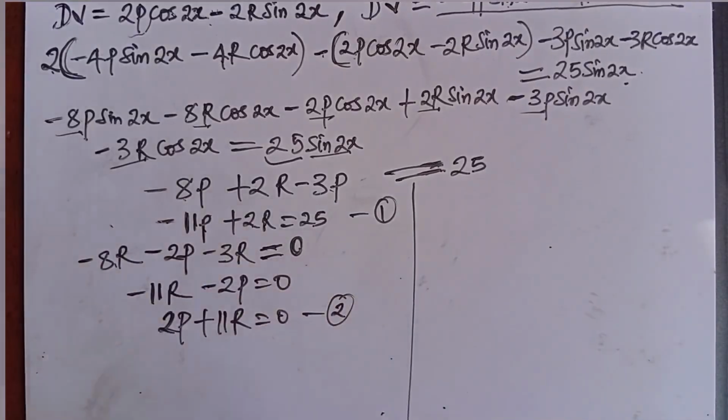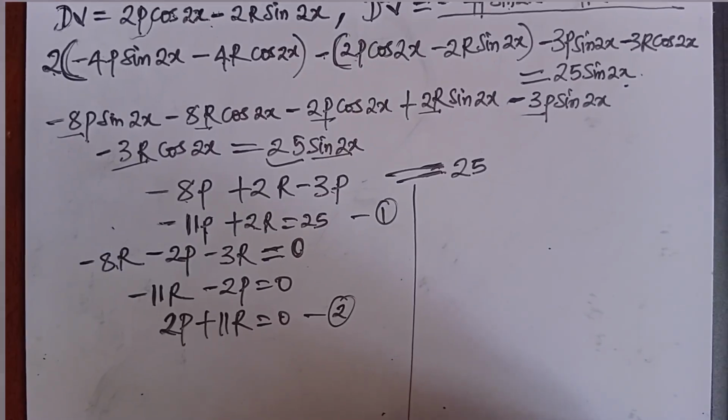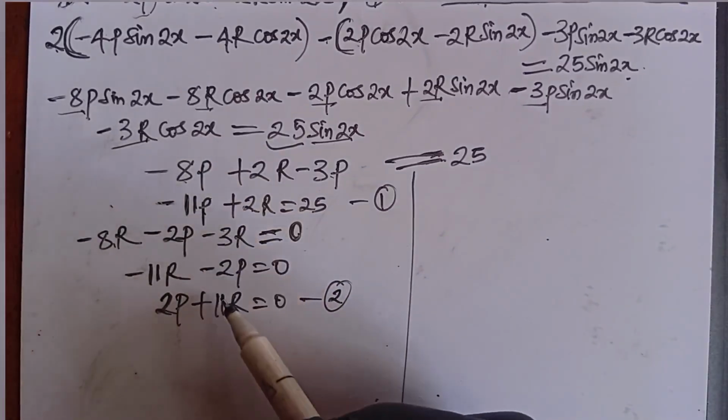The target is to solve the equations for p and r, and then we have gotten our particular integral. So this is 11, this is 2, this is 2, this is 11.